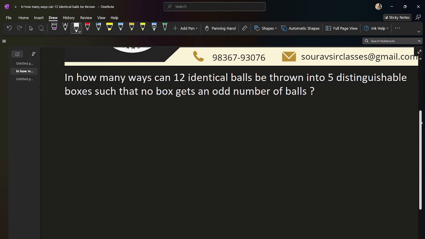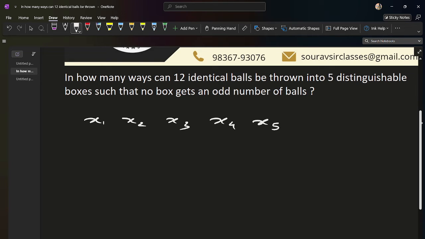So since the balls are identical, we only need to consider the number of balls in each box. Okay. So let's denote the number of balls in each box as x1, x2, x3, x4 and x5.